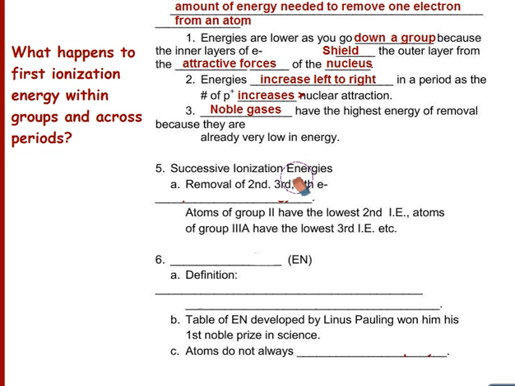So, successive ionization energies is referring to the removal of the second and the third and the fourth electron. Okay. So, these require more energy than that first one, because now you start getting into a bigger charge differential, meaning you have more protons in the nucleus than you have electrons around it, so it becomes harder and harder to pull them away.